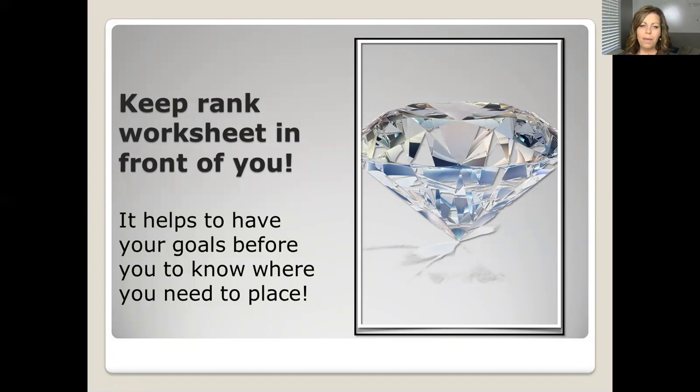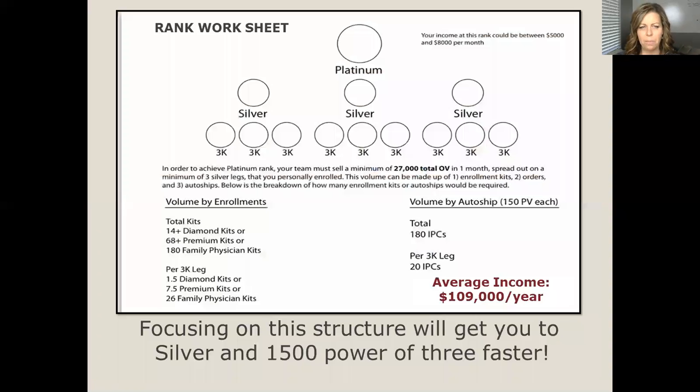So if you keep that rank worksheet right in front of you, so you know, okay, I really want to build this leg, so this might be great for the volume over here, or this person needs another builder to help them out. That might be a better place to put them. Keep that rank worksheet right in front of you. Where is it you're moving? And let me show you what that means. This is a platinum rank worksheet, and you can have any in front of you.